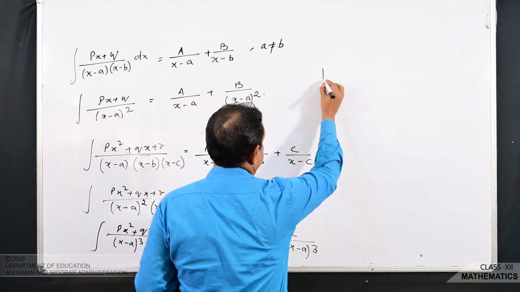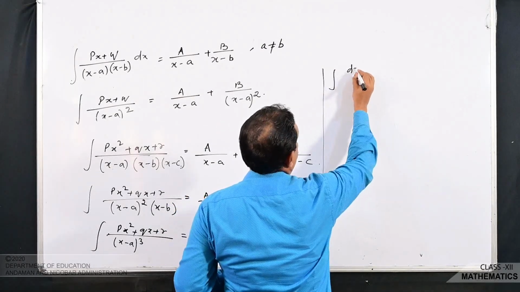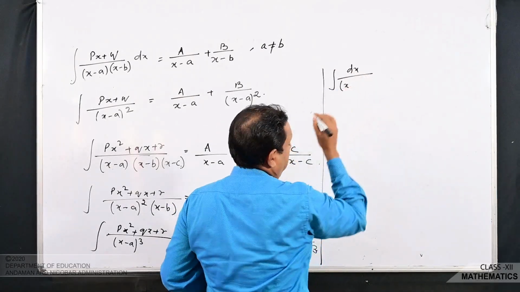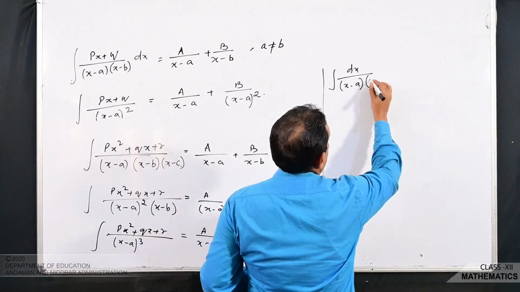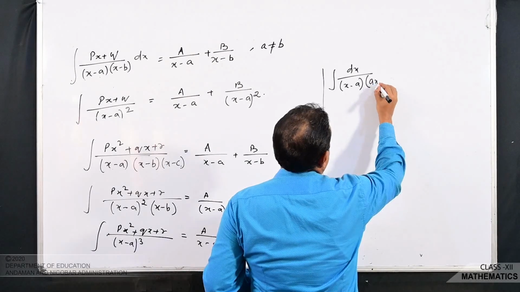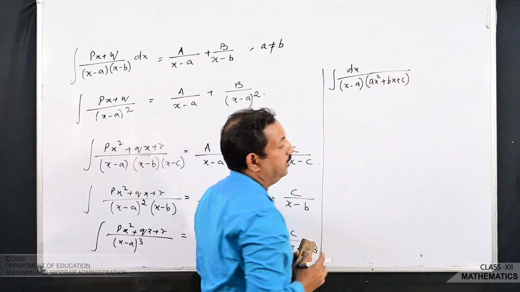The situation is something like the integration of dx upon x minus a, and ax square plus bx plus c. In such form it may arise.